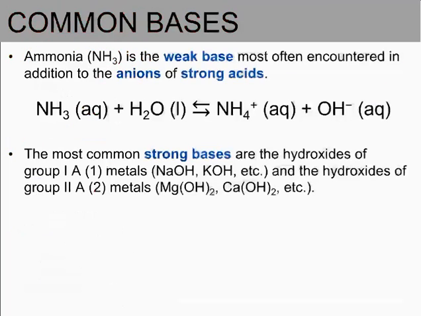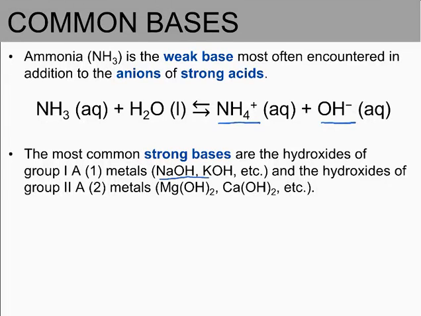All right, so some common bases before we go. We talked about how ammonia is found in cleaning products. And this is actually a weak base, but it does react with water to produce ammonium ions and hydroxide ions. Now, the most common strong bases are hydroxides of either group 1A metals or group 2A metals.